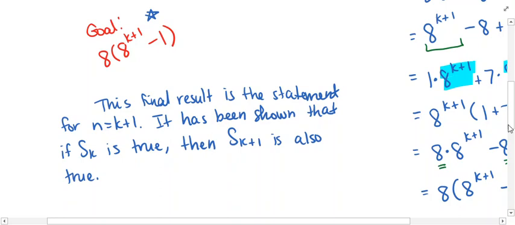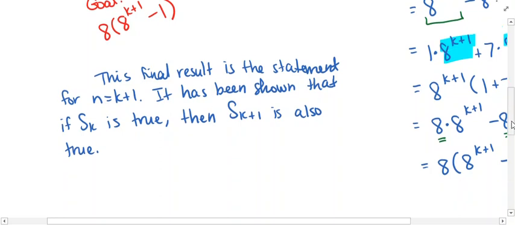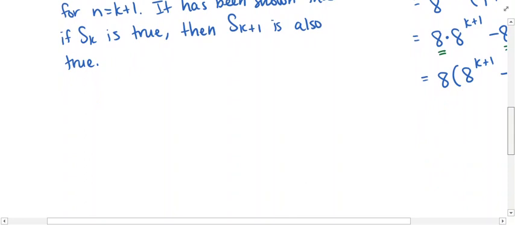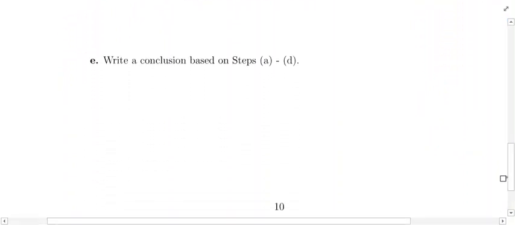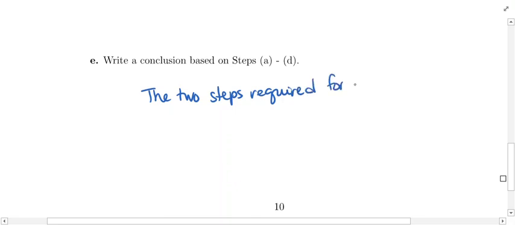Okay, in part A, we proved the base case. In part D, we carried out the induction step. So therefore, in part E, we can conclude the 2 steps required for mathematical induction have been completed.